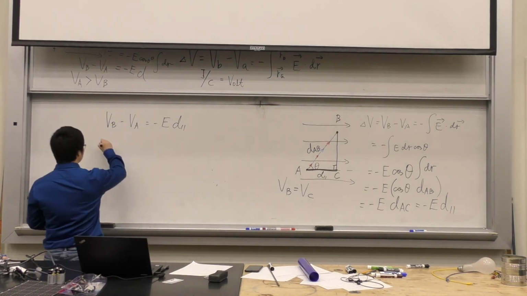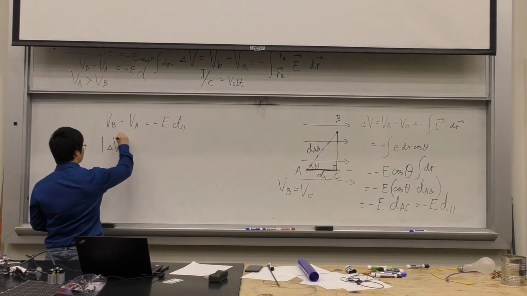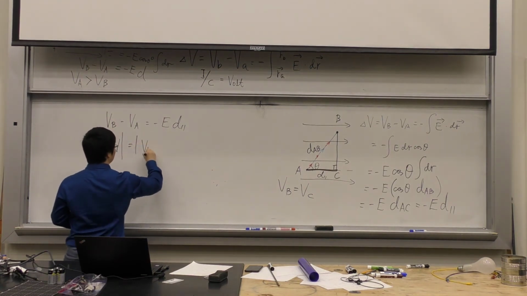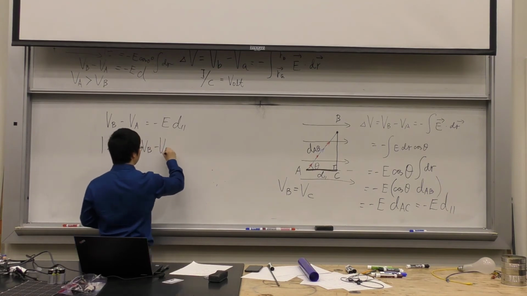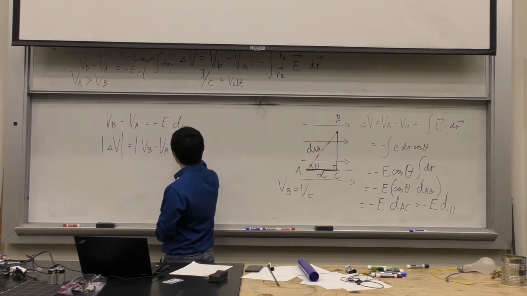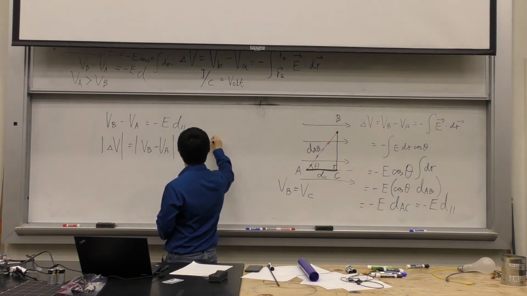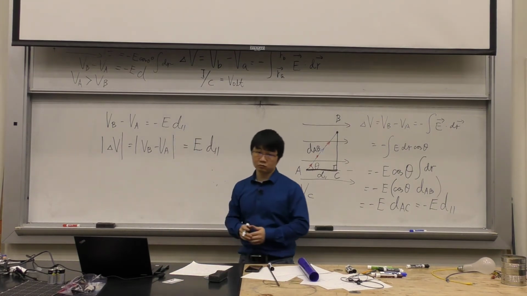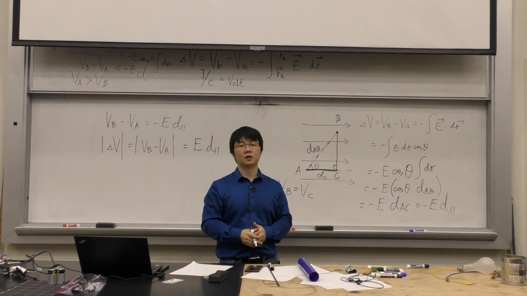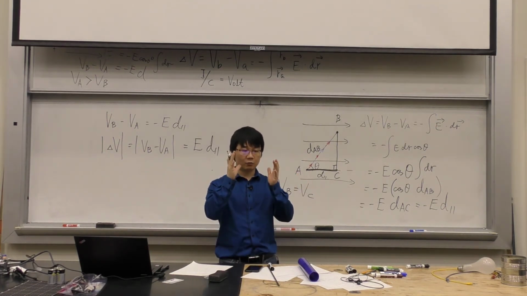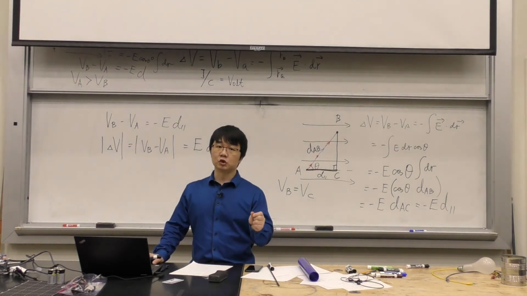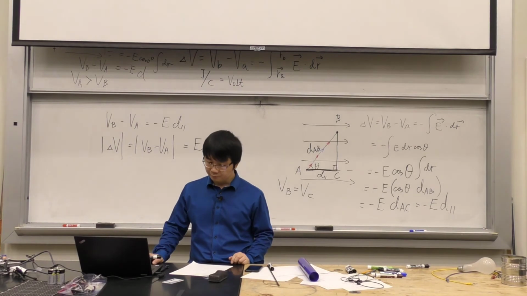My conclusion is this. The absolute value of the potential difference between any 2 points in a uniform electric field is always going to be E times the D parallel. So if I have 2 points in a uniform electric field and I want to find the potential difference between them, first of all, I need the electric field, like 5 newtons per coulomb.